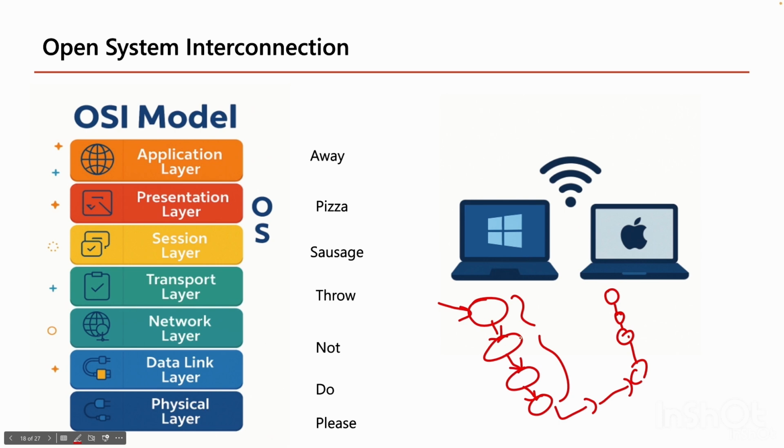Since there are so many protocols working together, what was done is to categorize these protocols based on the job they do, and we call them layers, and that's how the OSI layer was born. For example, all the protocols which are used to get input from the user are called the application layer, right?